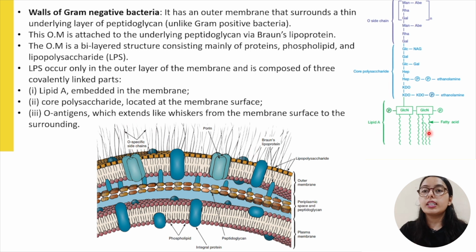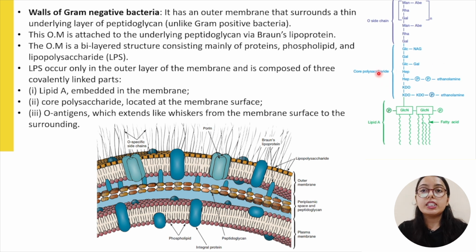You can also see the chemical structure of lipopolysaccharide here, where lipid A consists of 2 sugar units attached to fatty acids, and this lipid A is attached to a core polysaccharide with a varying number of polysaccharide units. This can range from bacteria to bacteria, so the number of units can be 10 in one bacterium and 100 in another.